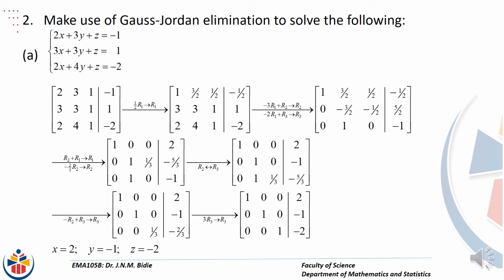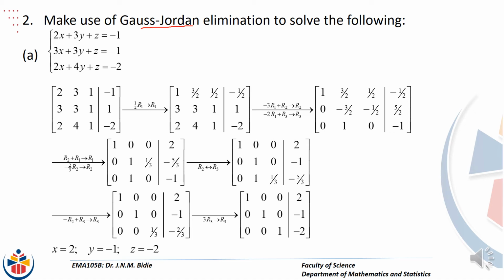Now we're asked to use the Gauss-Jordan elimination. The Gauss-Jordan elimination takes the Gaussian elimination further. For the Gaussian elimination, we know that in place of 3, what we need is a 0. In place of 2 in the third row and 4 in the third row, we need zeros. But for the Gauss-Jordan, it wants you to change the whole matrix of A into an identity matrix.